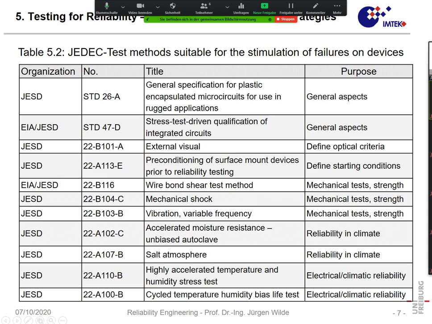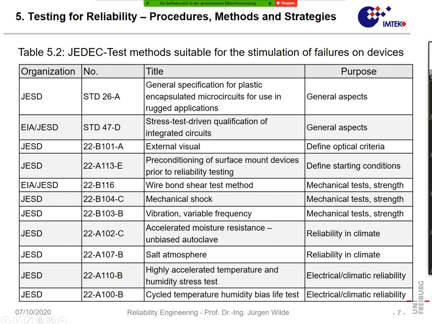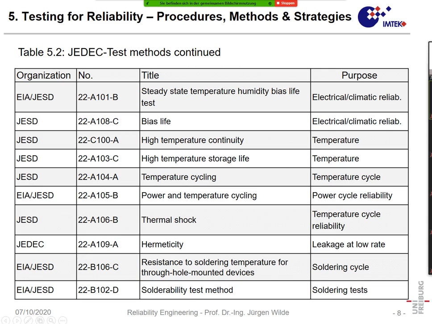Okay, here is just a list of the JEDEC standards, just to show you how complex this is, and that is just on the device level. And now we can look at different tests here.